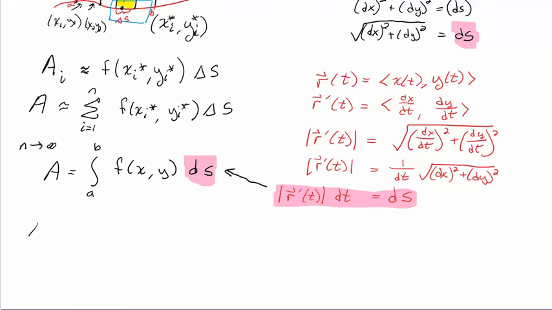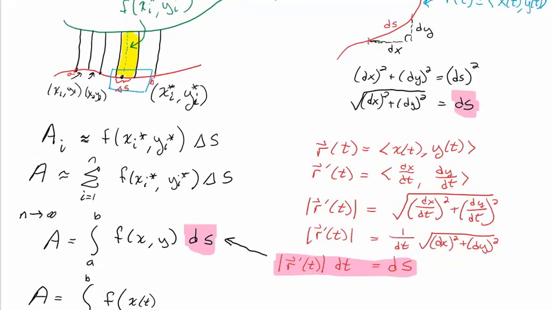So now I'd have A equals the integral from a to b, and we'll talk about what that is in a minute, of f of, now if I wanted to write this all in terms of t instead of x, I would write x of t. So I'm thinking that this is going to be some vector valued function.